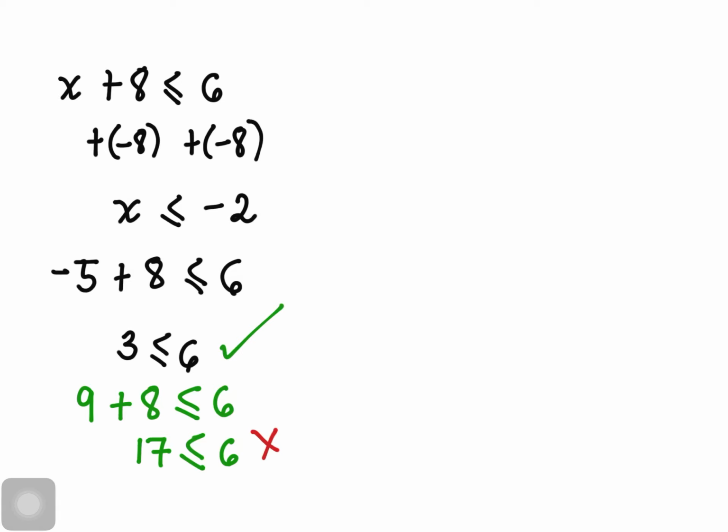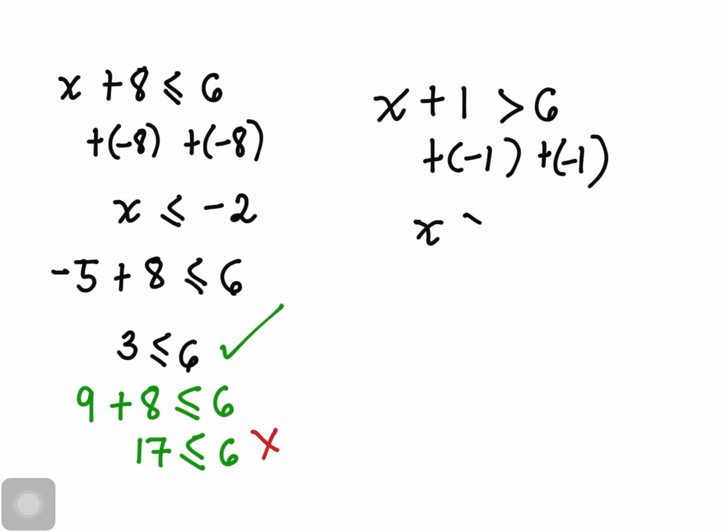Let's try solving another one. Let's say, for example, we have x plus 1 is greater than 6. Pause the video for a while to check if you know what's the next step. That's correct. We're going to add negative 1 on both sides of the inequality statement.